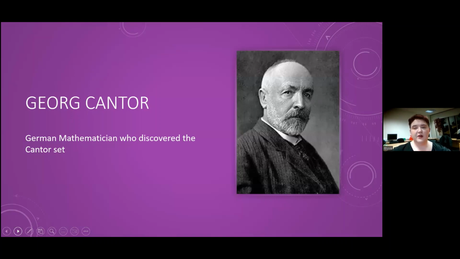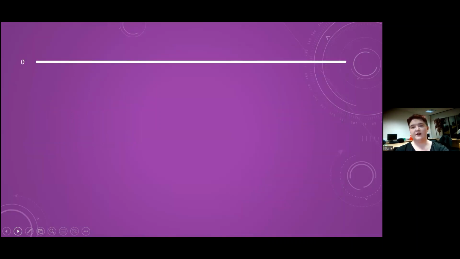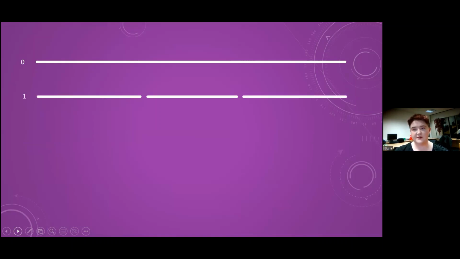To give you a brief idea of an example of a fractal, I'll introduce you to the Cantor set. It was first discovered or created by a German mathematician, George Cantor. He was also very involved in the creation of set theory. The fractal consists of a straight line as its initial state, which is then divided into thirds.